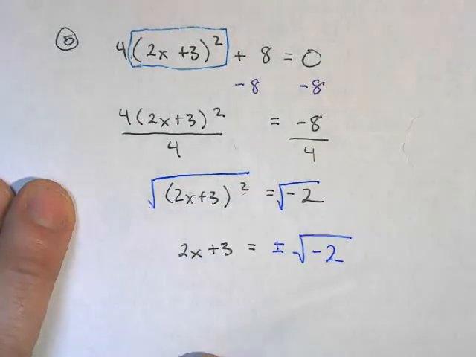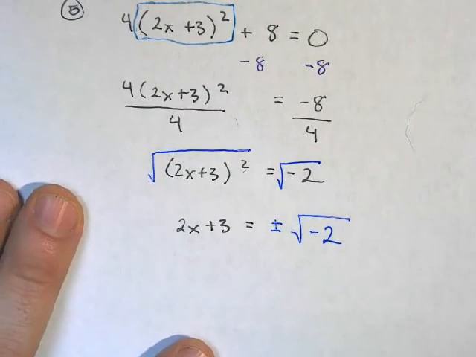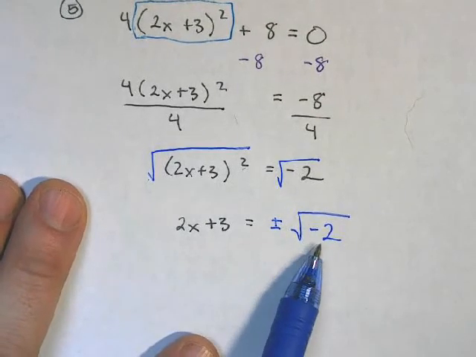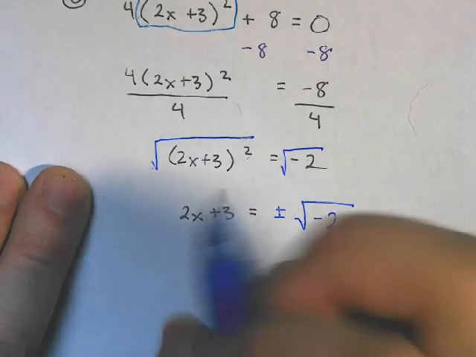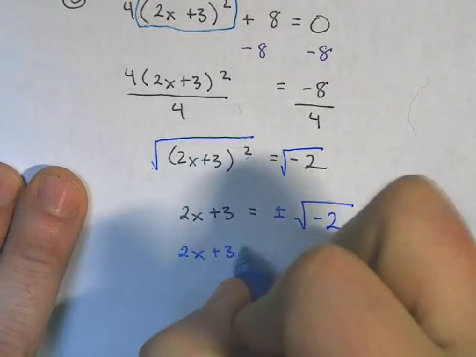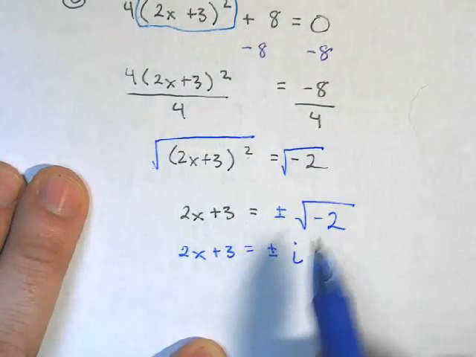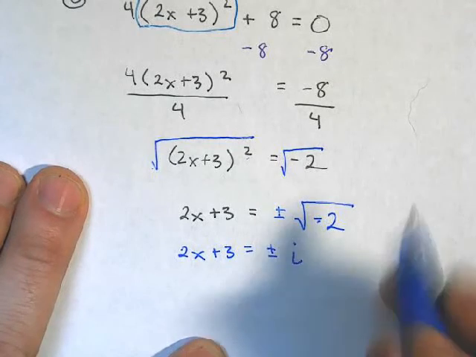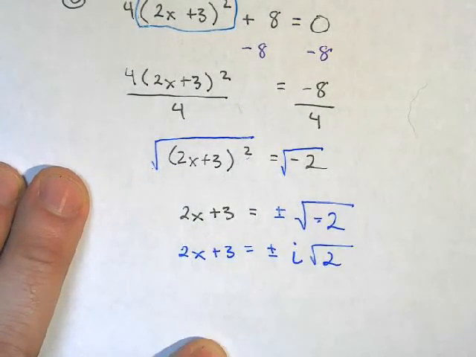Square root of negative 2. Now I want to simplify this square root with the negative. So I'm just going to say 2x plus 3 equals plus or minus i, that's my negative. The negative pops out and becomes i, square root of 2.